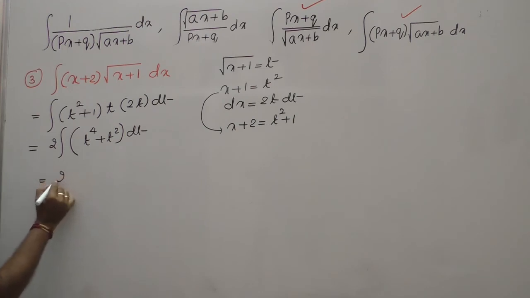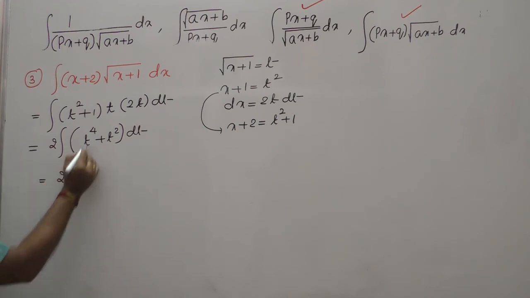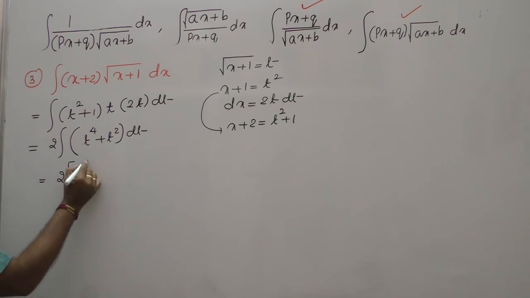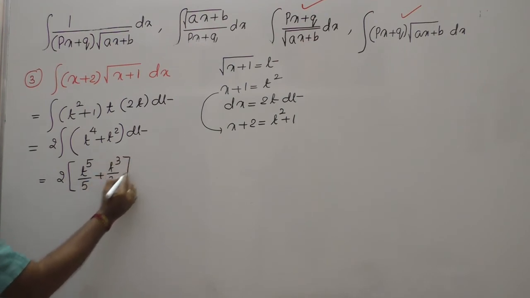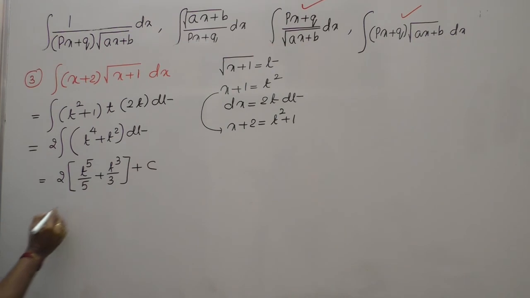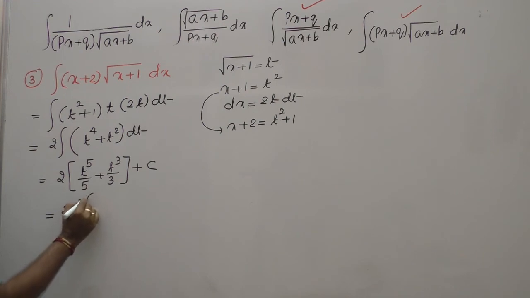Simple integral. If you integrate this using x power n, this will be t power 5 by 5 and this is t cube by 3 plus c will be there. Here I can take t cube common. I will write outside.